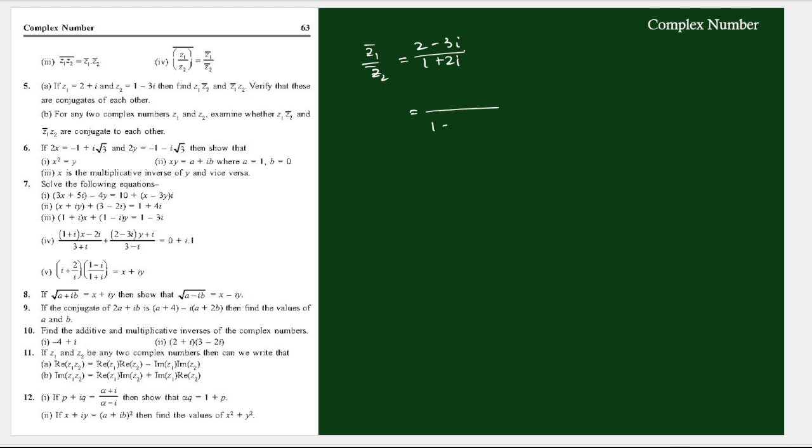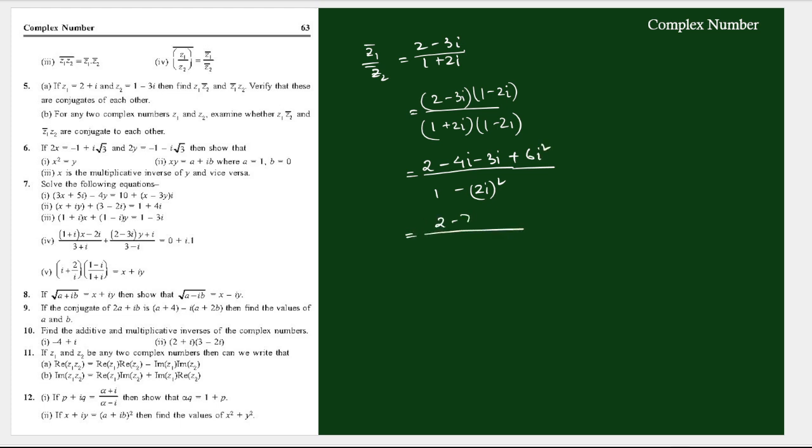So 2 plus 3i becomes 2 minus 3i, 1 minus 2i becomes 1 plus 2i. So 1, 2i whole square. So 2 into 1 is 2, minus 4i, minus 3i, minus into minus is plus 6i square.